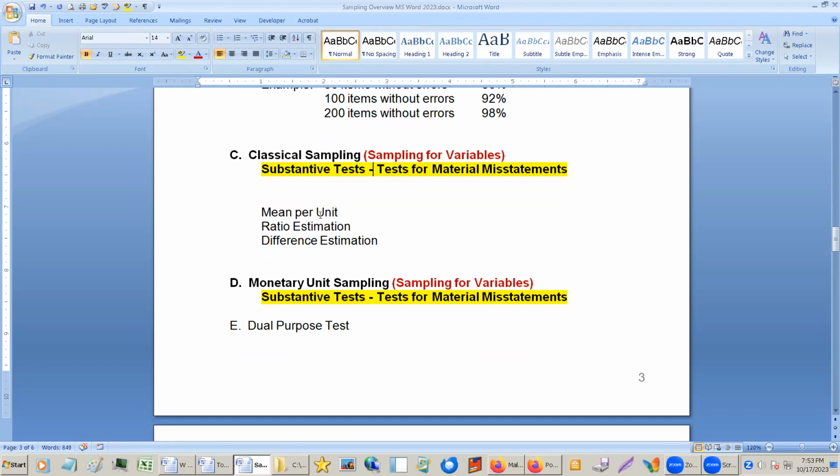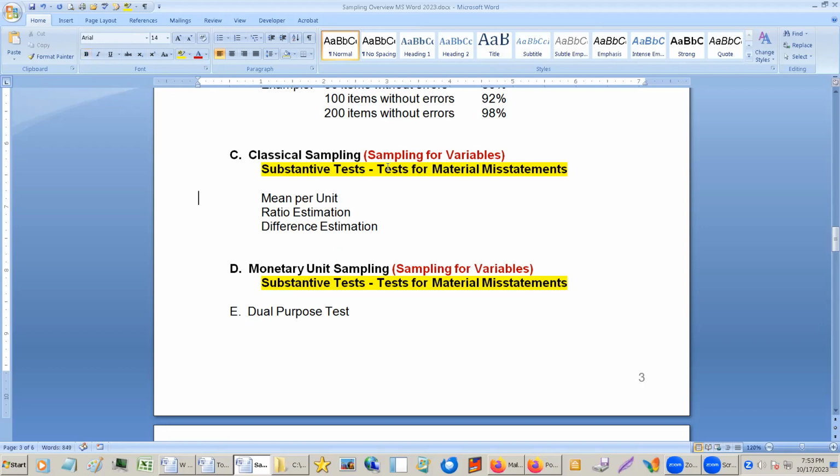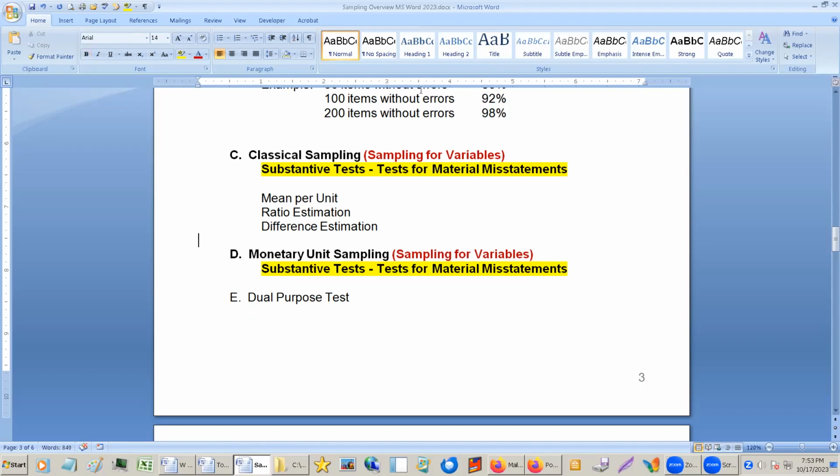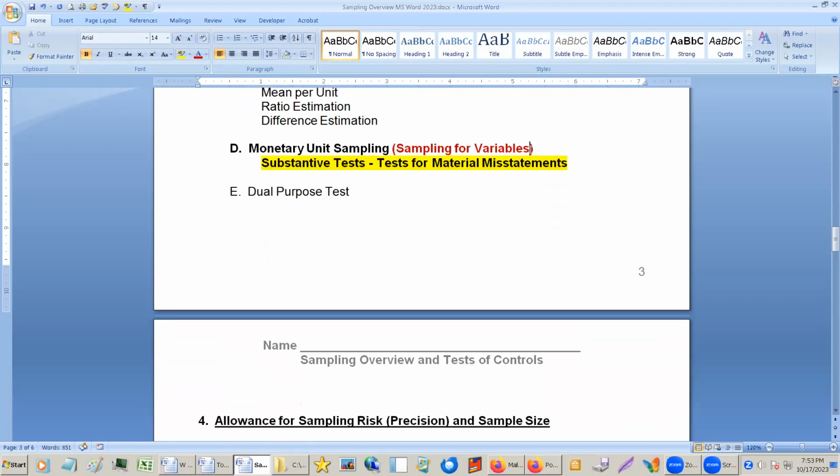Both of these are tests for sampling for variables. These are dollar amounts. Is it off by $10, $10,000, or what's it off by?